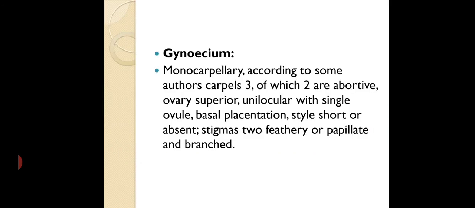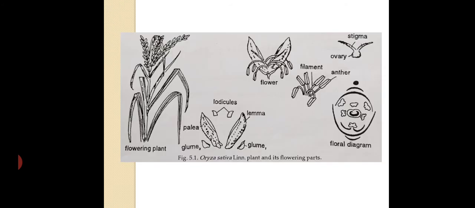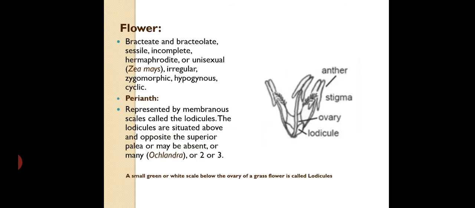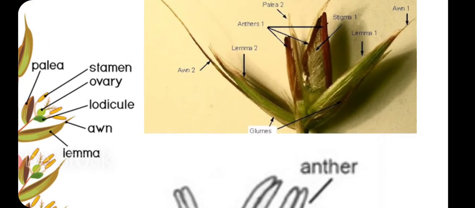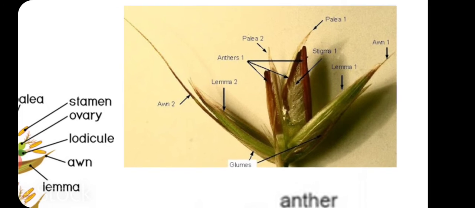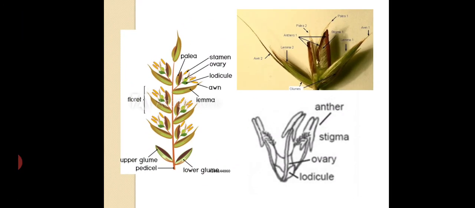Monocarpellary, according to some others, carpels are 3, of which 2 are abortive, that's why it is appearing as 1. Ovary superior, unilocular with a single ovule. Basal placentation, style short. Here we can see the style is very short.